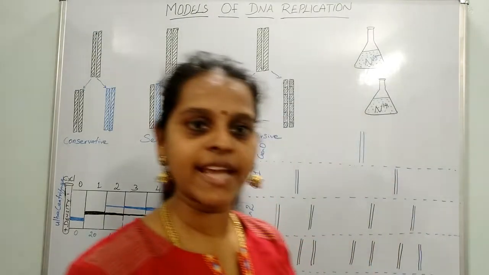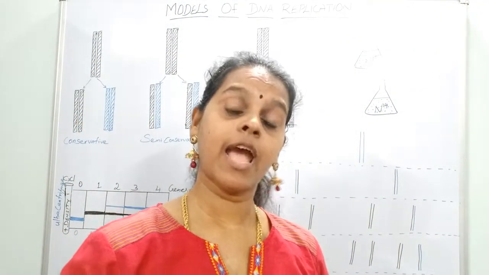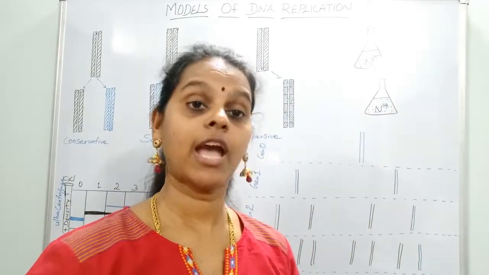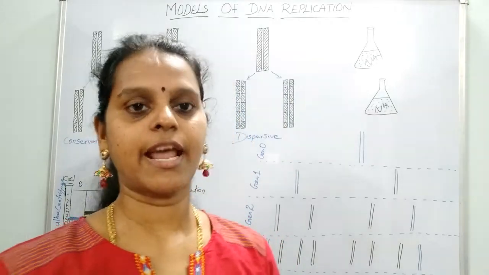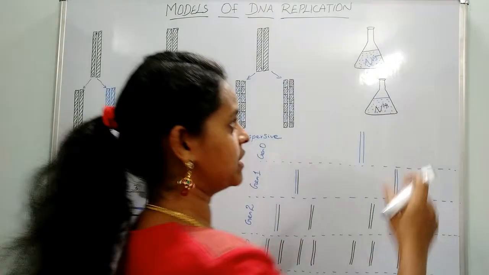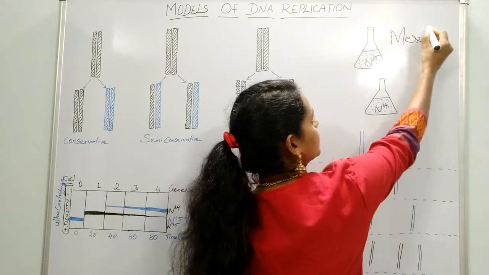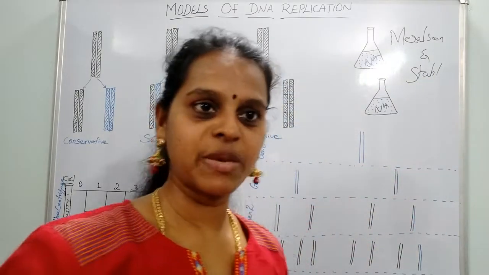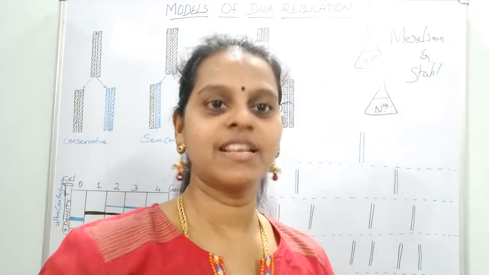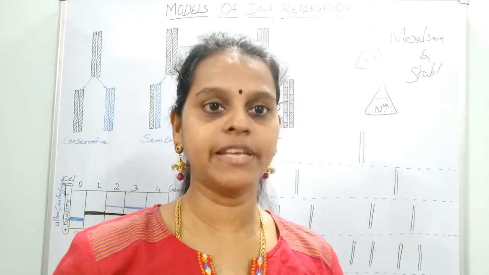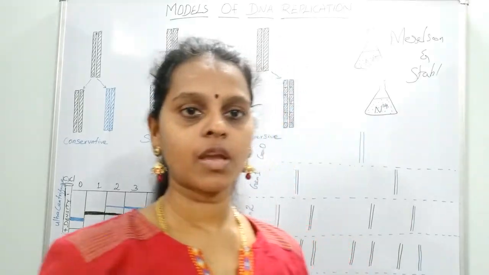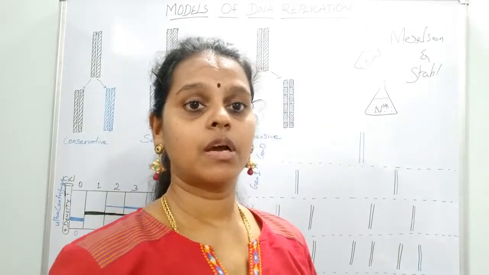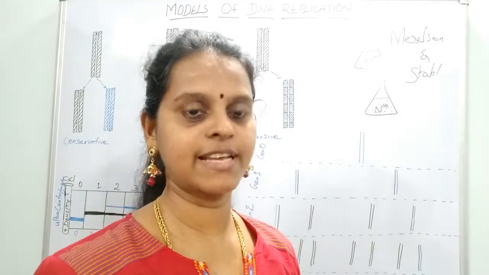After the discovery of the double helical structure of DNA by Watson and Crick, and the publication of their work in 1954, these two scientists teamed up and worked on DNA replication to find out the mode of DNA replication. Finally they concluded the mode in which DNA is replicated.